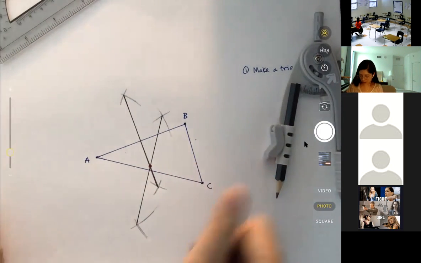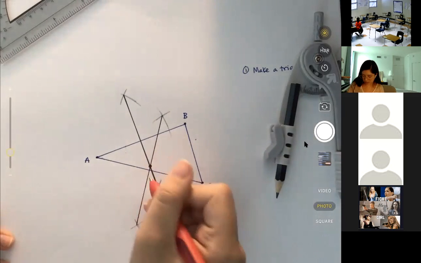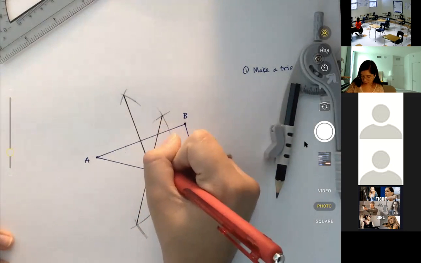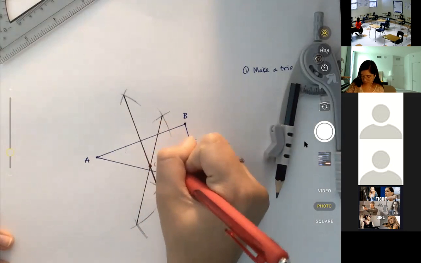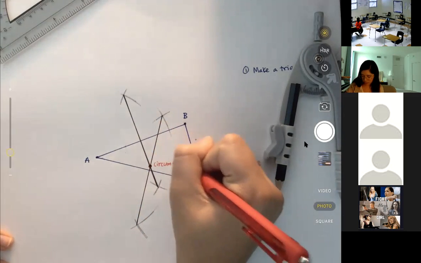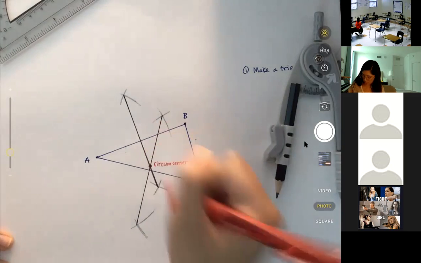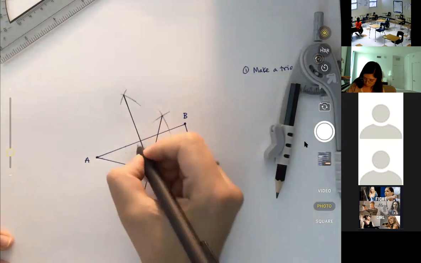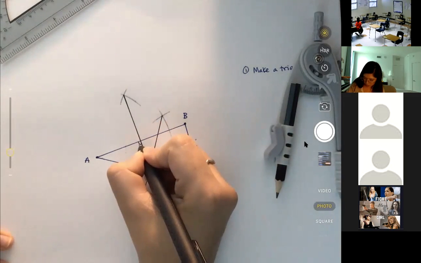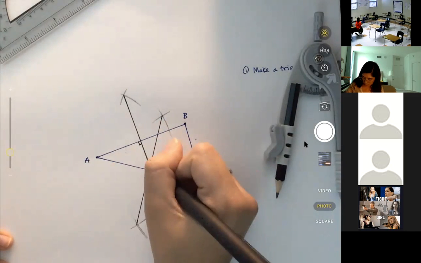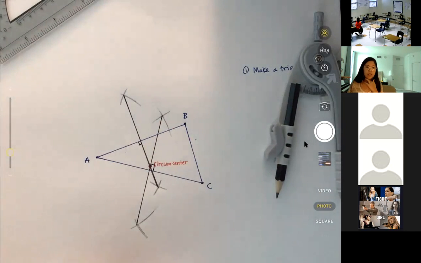The center. Okay, circumcenter. And as a reminder, these two intersections that I created made a right angle here and a right angle there. So those are my perpendicular bisectors.